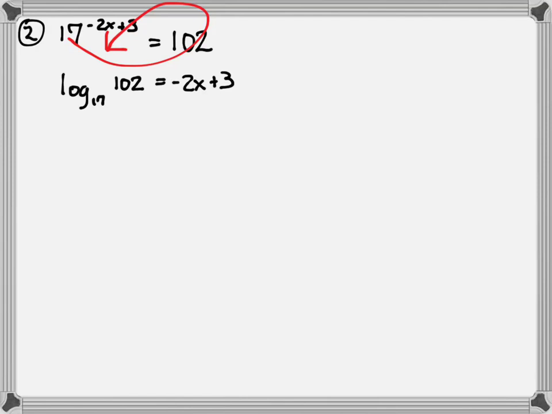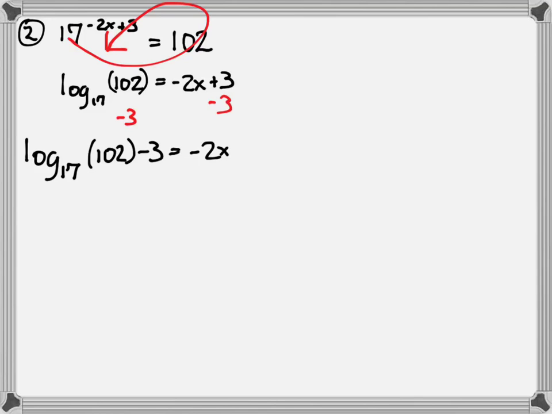What am I going to do next? Minus the 3. Can it change the 102? No. So this will be log base 17 of 102 minus 3 equals a negative 2x.